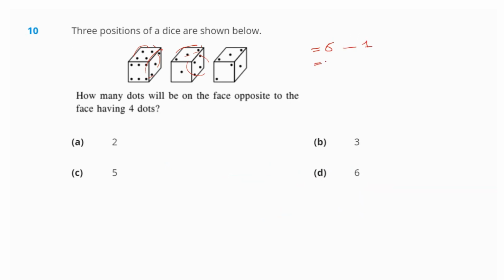Now we are left with 3 and 4. So 3 is here, 3 is here, 1 is here, 1 is here. So opposite to 4 will be 2. So 2 is a correct answer. So A is a correct answer. Moving on to the next question.